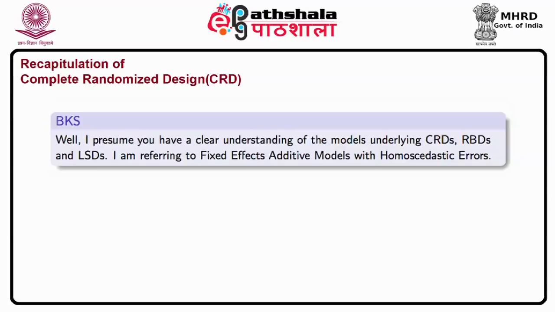These are the completely randomized designs, randomized block designs, and Latin squared designs. When I say you have a clear understanding about the models, I mean you must know fixed effects, additive models with homoscedastic errors. That is how the models are written, with appropriate interpretation of the different terms that come up in the expression for the model.